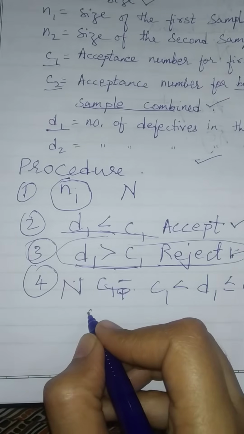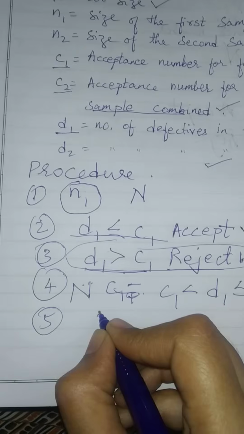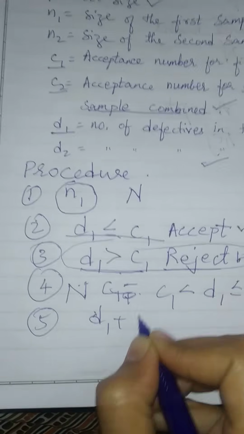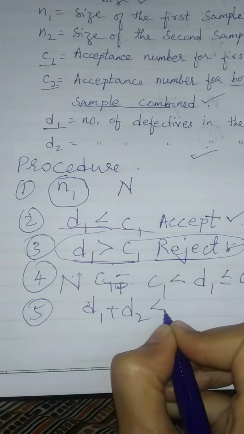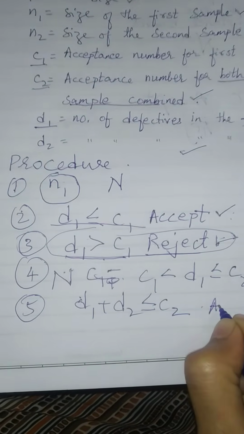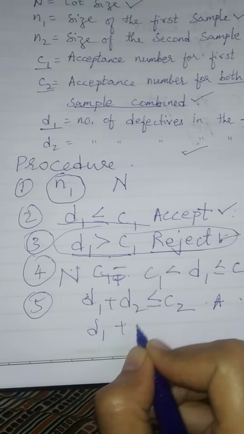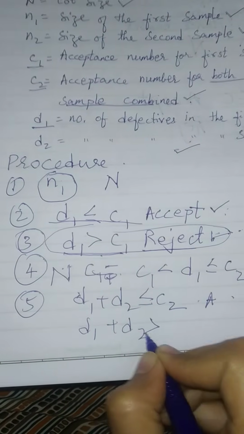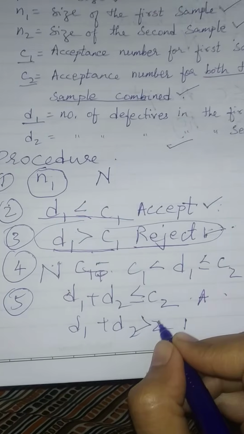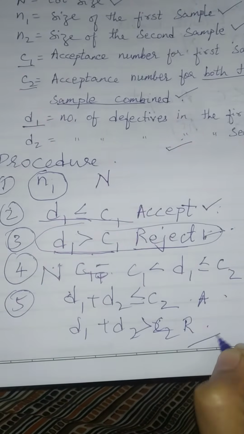Then, students, in the fifth step, if D1 plus D2 is less than or equal to C2, then accept. Otherwise, if D1 plus D2 is greater than C2, reject the lot. Understood, students?